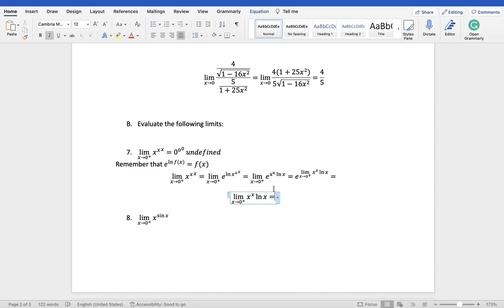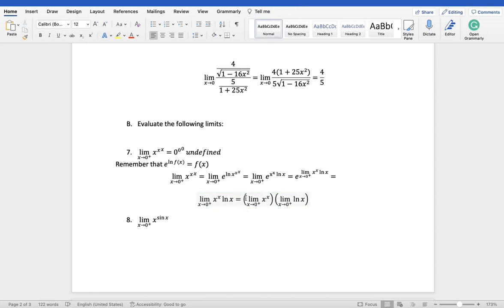So the limit of these two can be equal to just the limit of the first function in brackets multiplied by the limit of the second function, which is ln of x. Okay, so this is again a property of limits, right? So you guys should be aware of this.